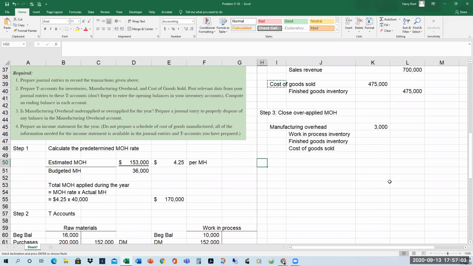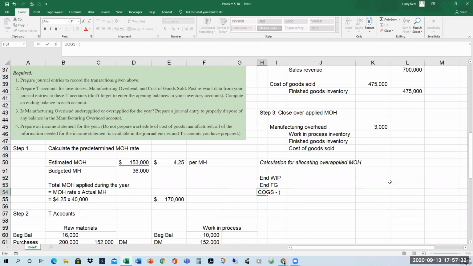Okay, so calculation for allocating overapplied manufacturing overhead. We want to take the ending work in process, the ending finished goods inventory, and cost of goods sold, and we want to subtract the beginning work in process and the beginning finished goods inventory.